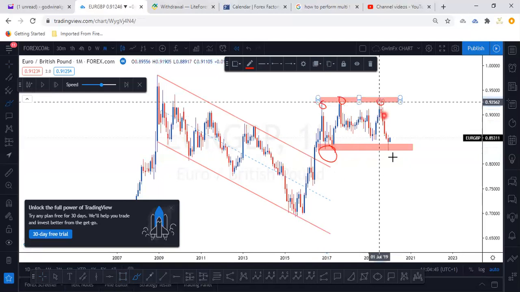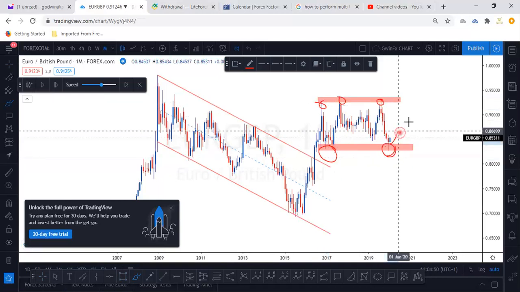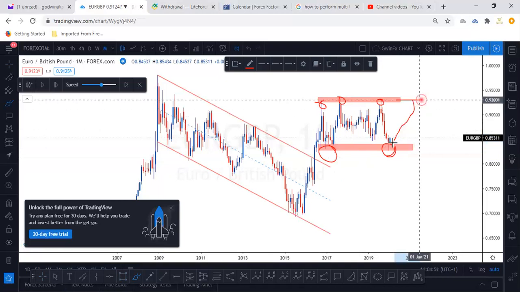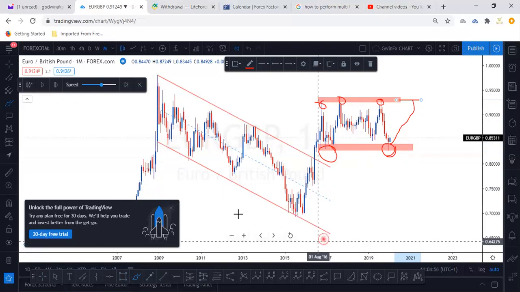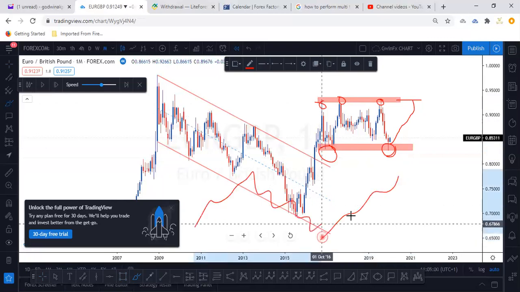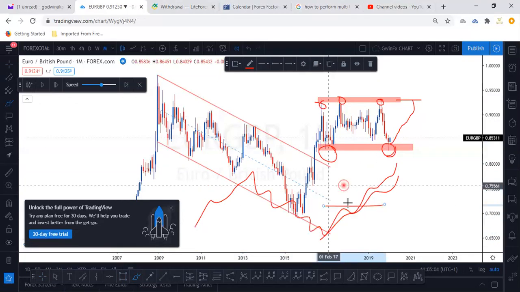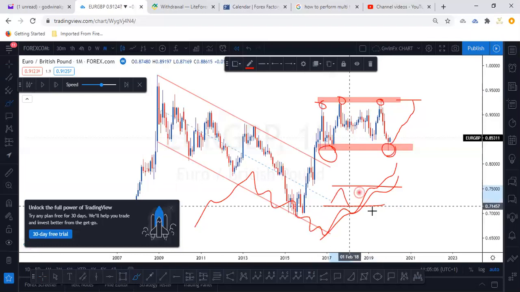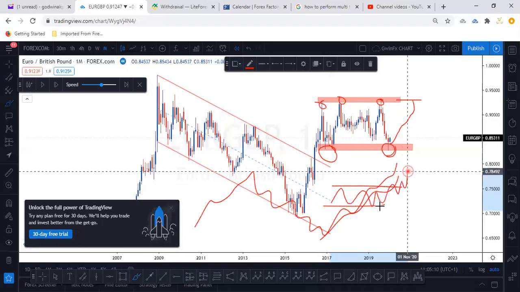If price goes back into support, I definitely want to see it move back into testing the resistance, because the overall direction is to the upside. Uptrend, consolidation, resumption of a trend. So if I have a range-bound movement here, I definitely want to be looking at price continuing that way.